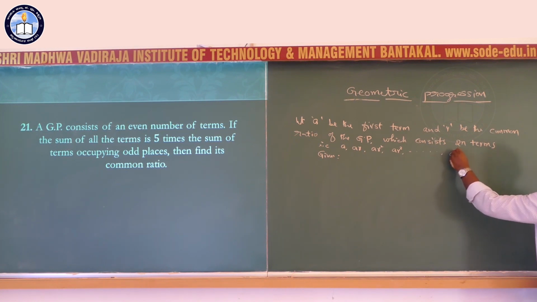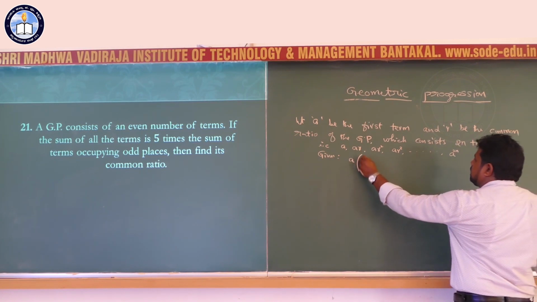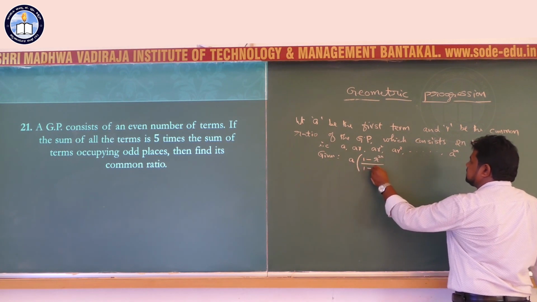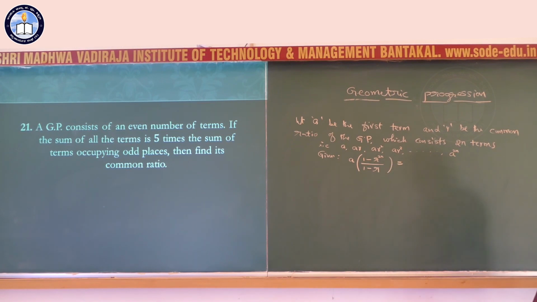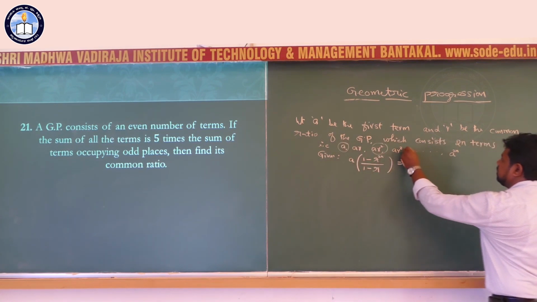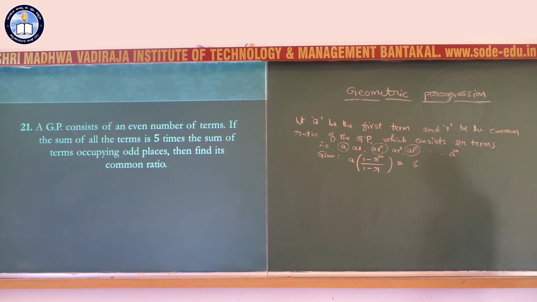Last term ar power 2n minus 1. The sum of all the terms of the GP is given by a into 1 minus r power 2n divided by 1 minus r, equal to 5 times the sum of the terms occupying odd places. Odd places: first term, third term, fifth term. These terms are at the odd places.